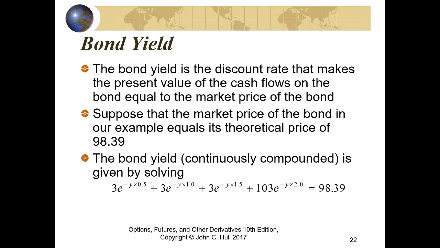So we need to use trial and error, or sometimes we use some optimization function like the Solver in Excel to search for the number that makes the present value of these cash flows equal to the price you observe in the market. So solving for y, we find that y is 6.76%.